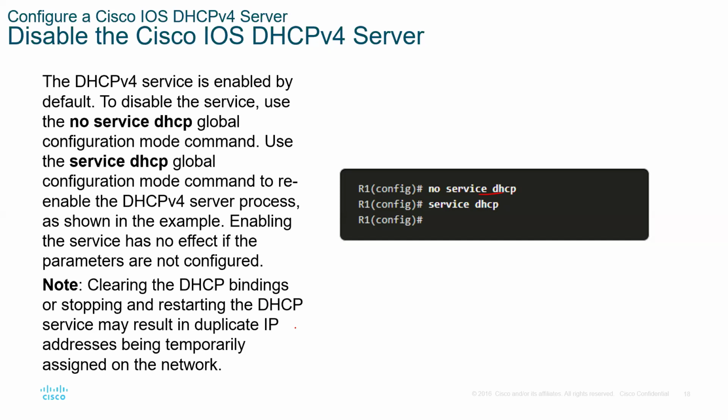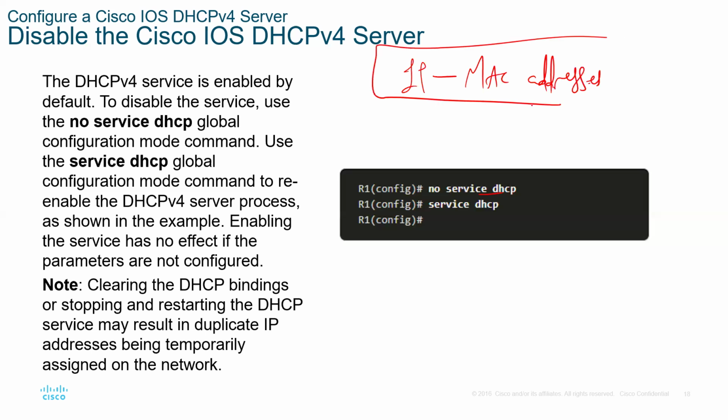Right? If you clear the DHCP bindings, well, the bindings give us the IP address, the MAC addresses bound to the IP addresses. So if you clear that, the consequences are duplication. Why?